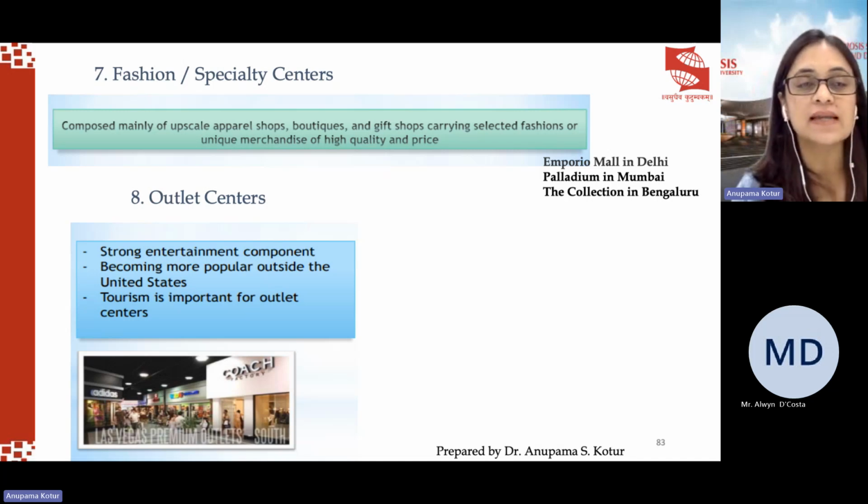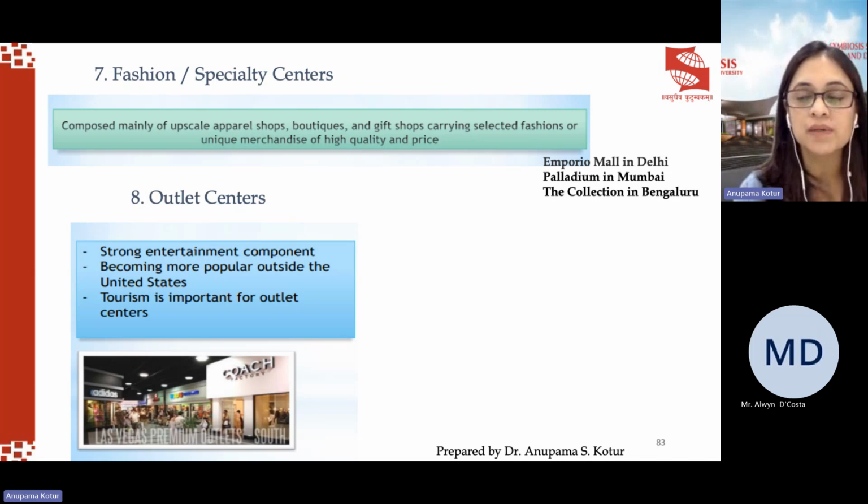And then you have outlet centers, again, a very American specific concept here. Now, what are outlet centers? Outlet centers are where you will find that premium and luxury brands usually have their shops. But what kind of shops are these? Why do we call them outlet shopping centers?